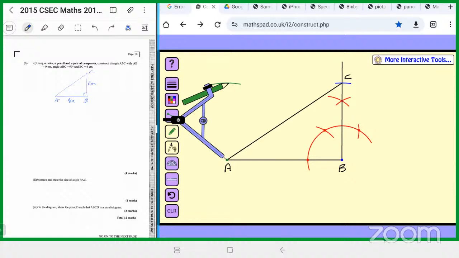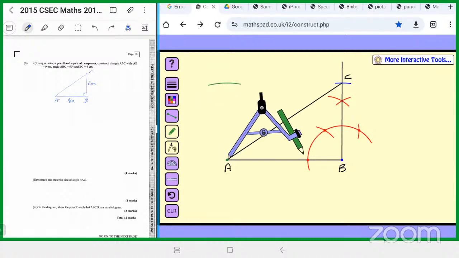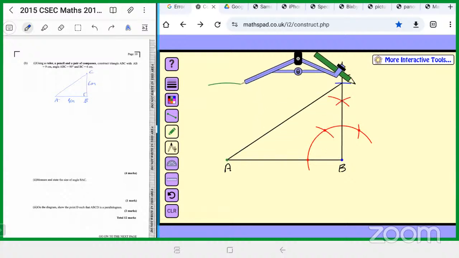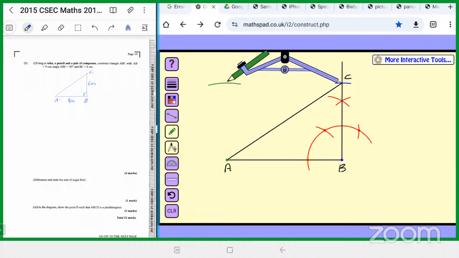Then now I'm going to come back down on this line and open the compass, make it 9, and transfer the length of this line out here. Make this line now 9. Lock the compass. I need to transfer this 9 up here. I want to put the point here, rotate the compass around. That's 9, you know. And then I'm going to cross it.